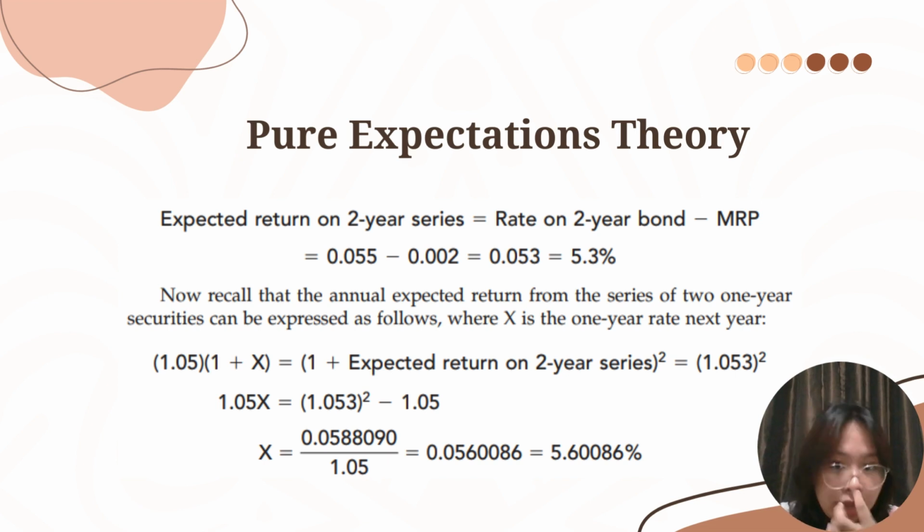Now to get x, x is equal to 0.0588090 over 1.05, and the answer should be 0.0600806, which, if you multiply that by 100, you should be getting 5.60086%.